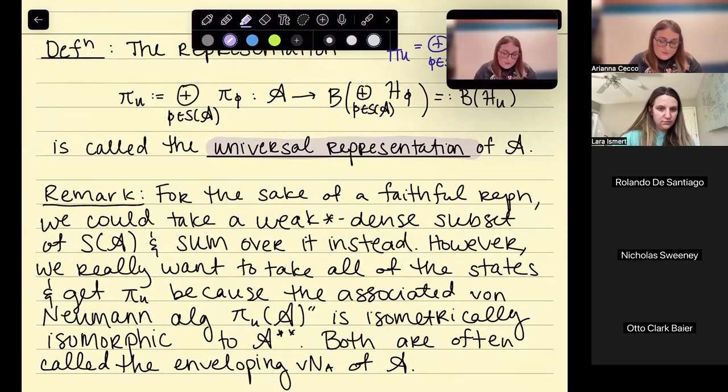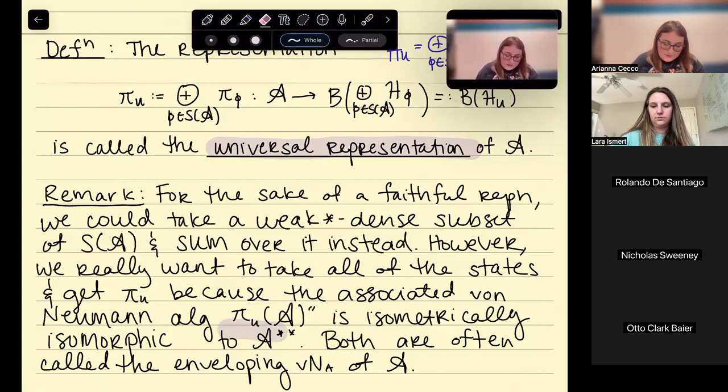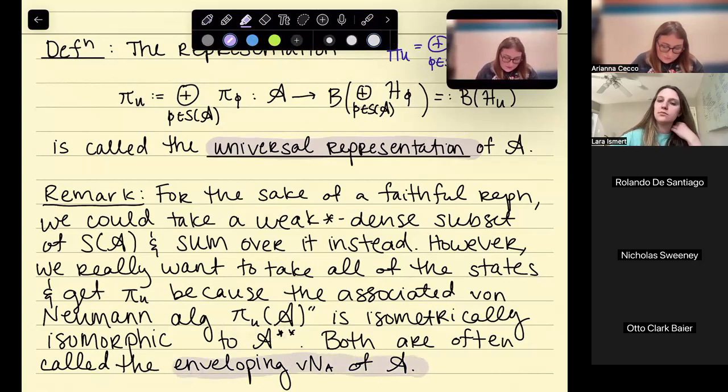However, we really want to take all the states and get pi sub u, because the associated von Neumann algebra, the double commutant of pi sub u of A, is isometrically isomorphic to the double dual. Both are often called the enveloping von Neumann algebra of A.